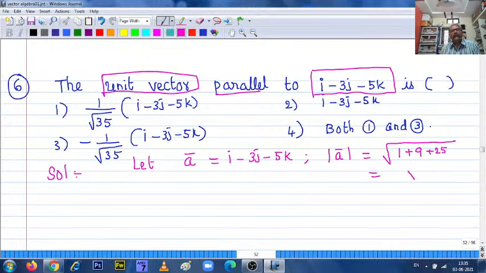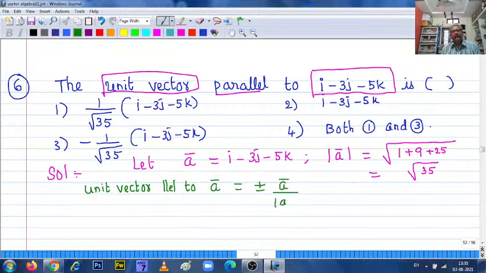This is root of 35. So therefore we have the formula: unit vector parallel to a bar equals to plus or minus a bar by mod a bar, that is equal to plus or minus i minus 3j minus 5k upon root 35.